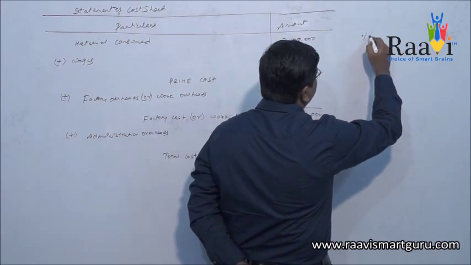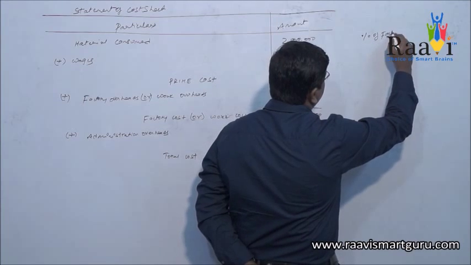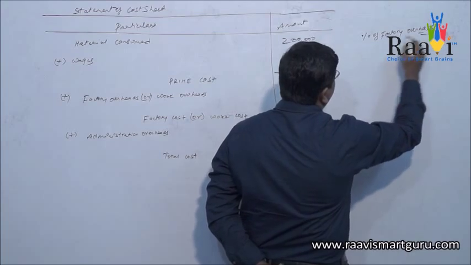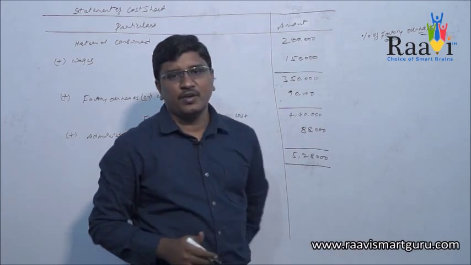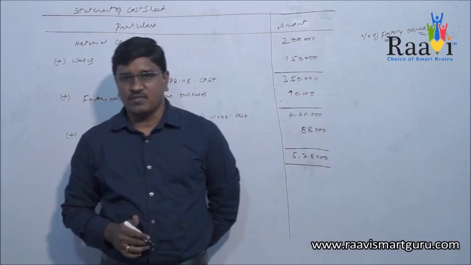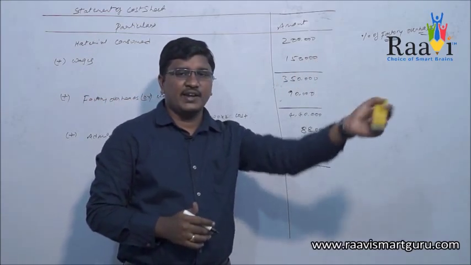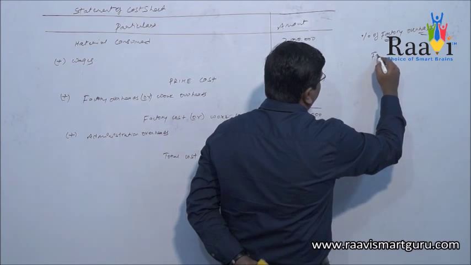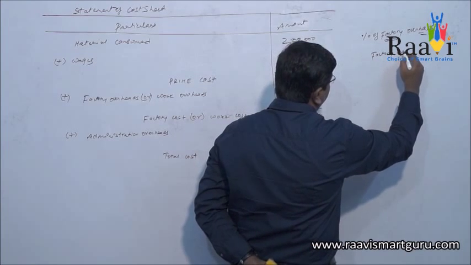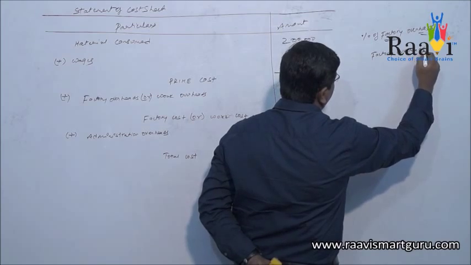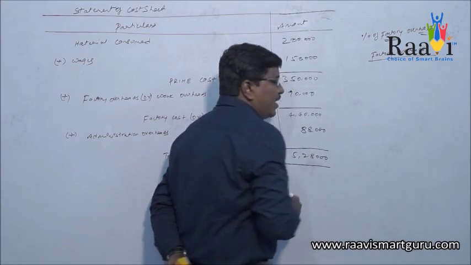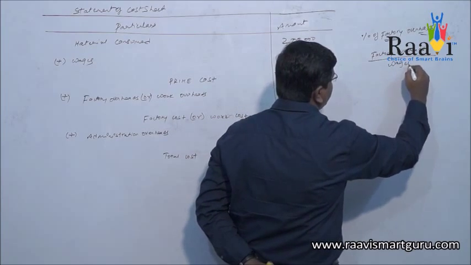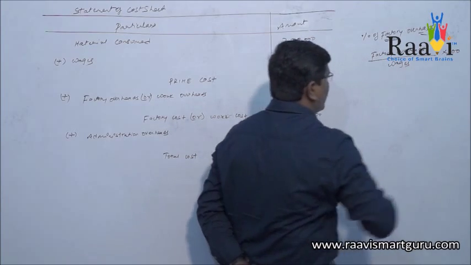percentage is the percentage of factory overheads. Factory overheads can also be known as work overheads. The formula for calculating the percentage of factory overheads is factory overheads divided by wages into 100.